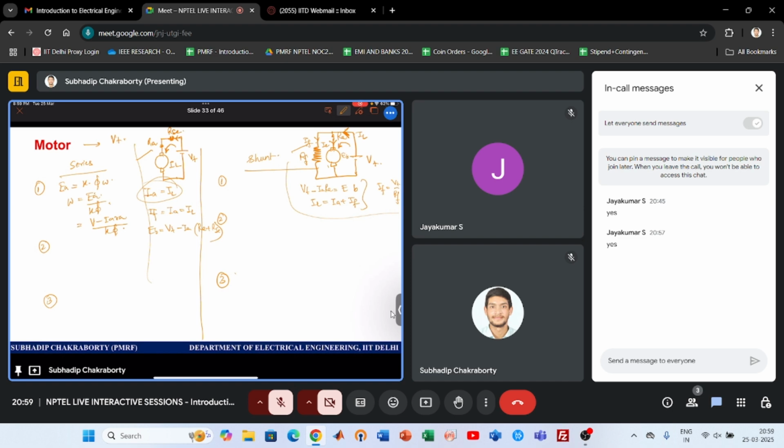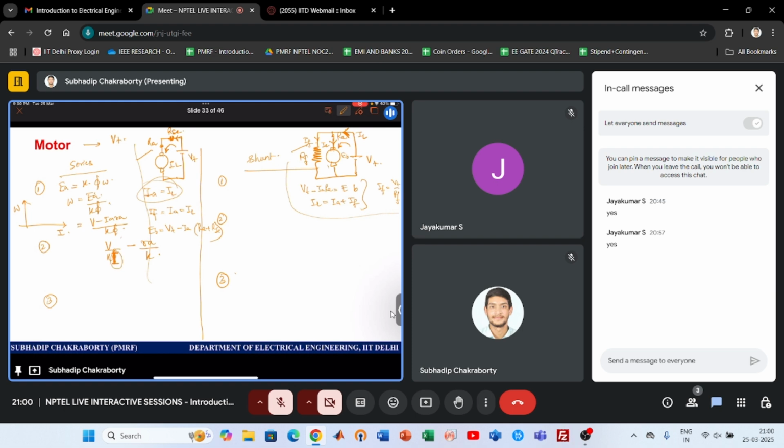So as you see, if I try to draw omega versus I for a series motor, what will happen? V by K phi, but phi is proportional to I, so I write I; minus I get cancelled, RA by K.